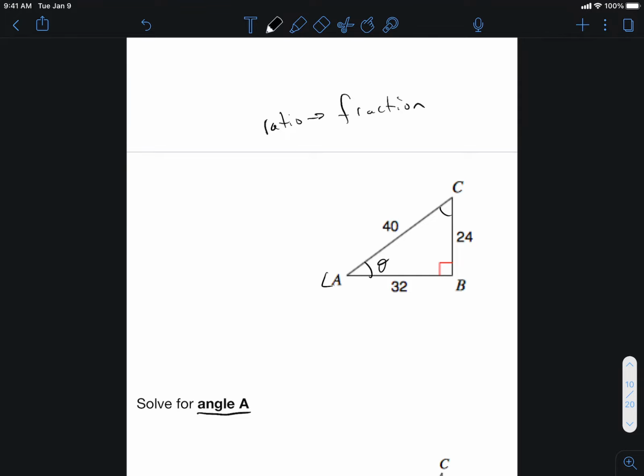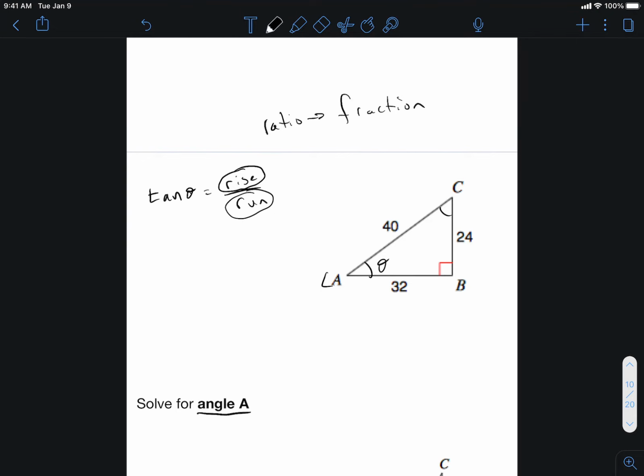If I wrote tan of theta, tan theta was always rise over run. We were trying to relate it to lines, and rise over run is the slope. But yesterday we said we're going to do away with this rise over run notion for triangles.